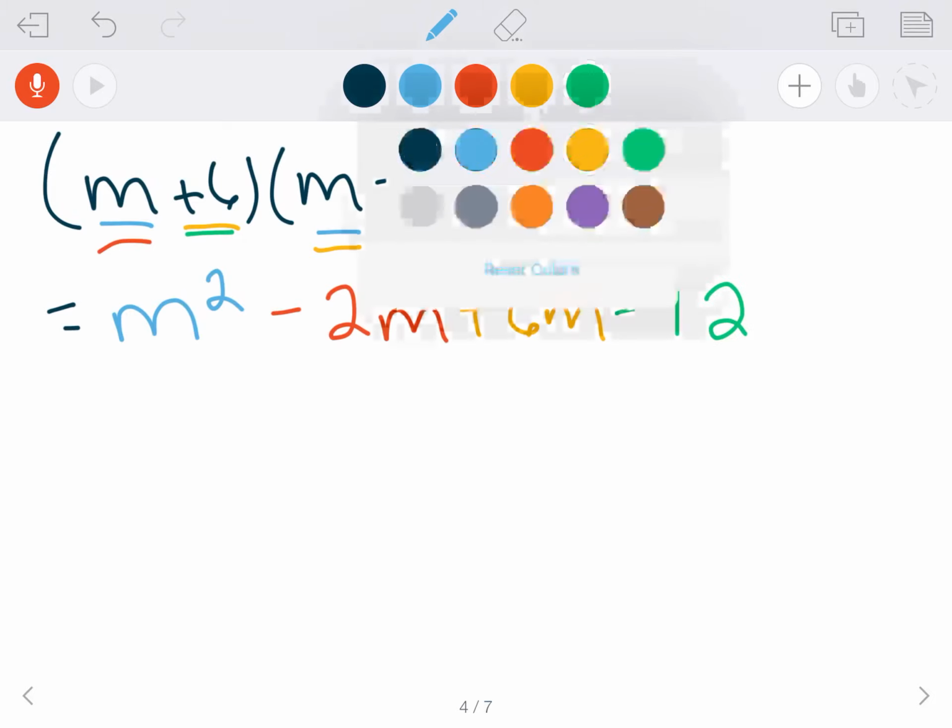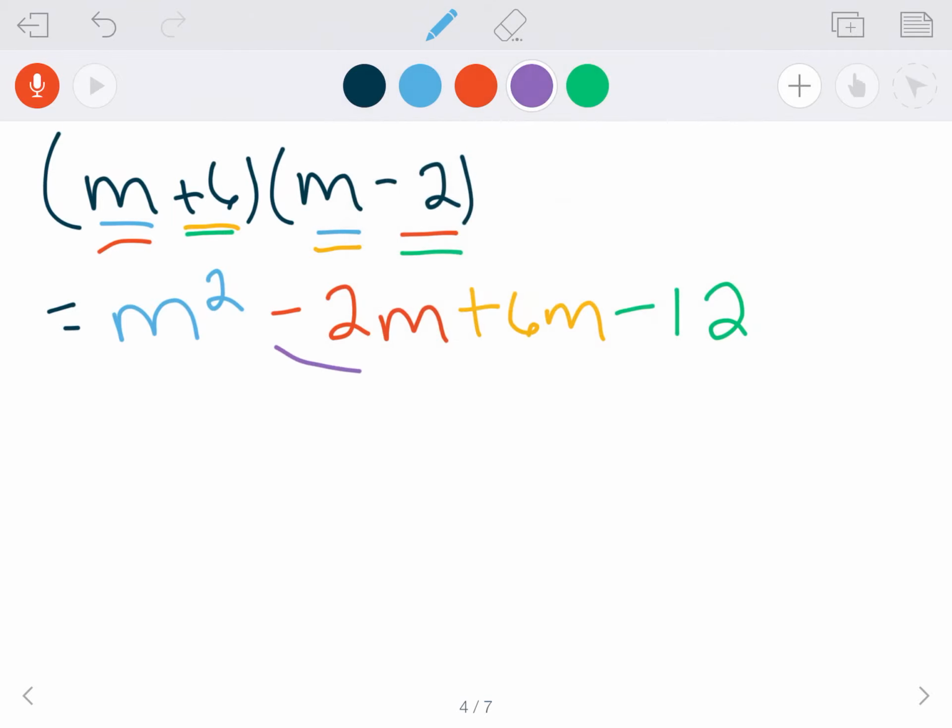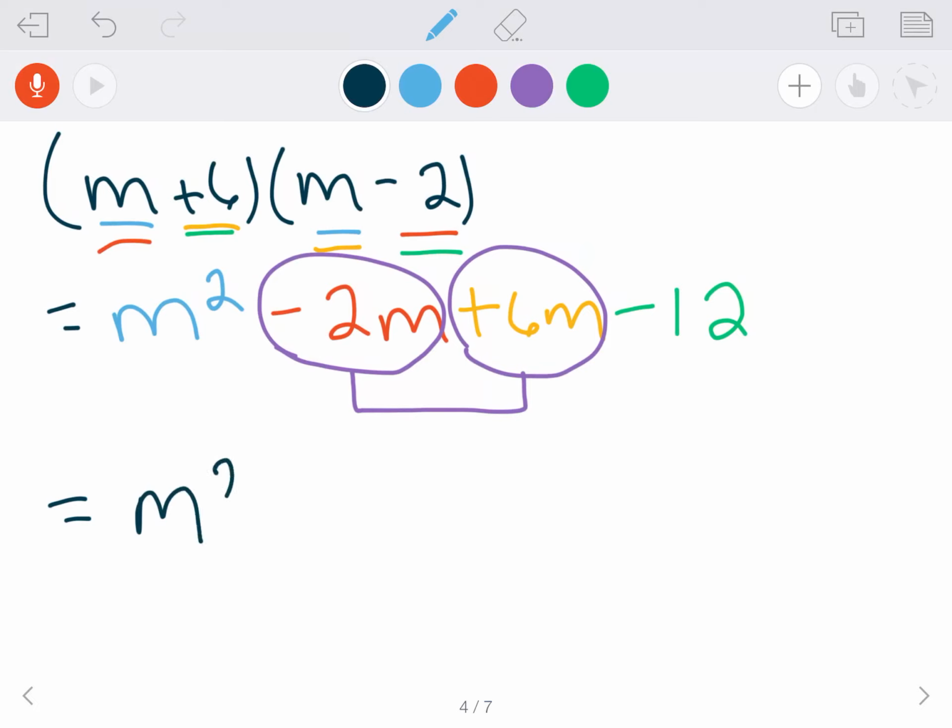Now look for like terms. I see a negative 2m and a positive 6m. If we combine negative 2 plus 6, we will get positive 4. So altogether, that would be positive 4m. So this is m squared plus 4m minus 12.